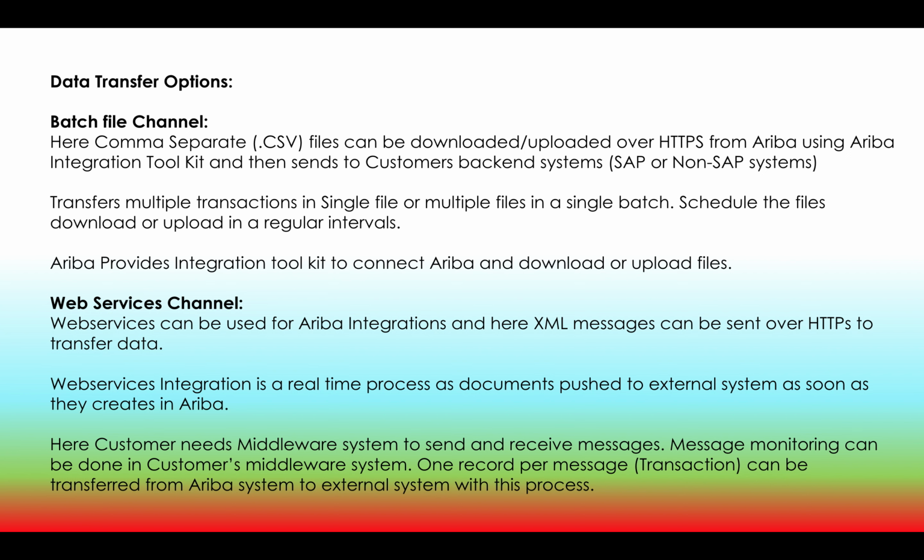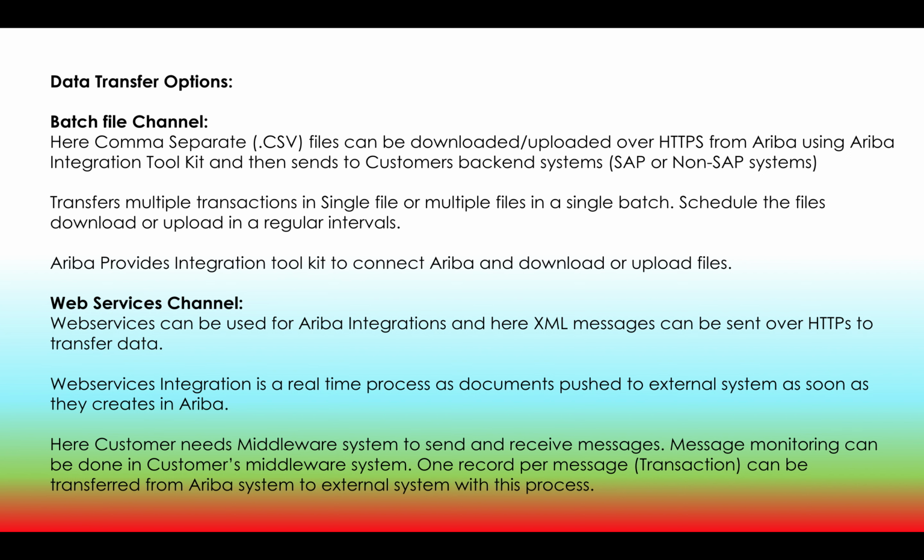Ariba Integration Toolkit is a set of APIs or a set of files that can be used to download or upload files from Ariba. So, Ariba Integration Toolkit provides a set of files which can be used to transfer data from Ariba.